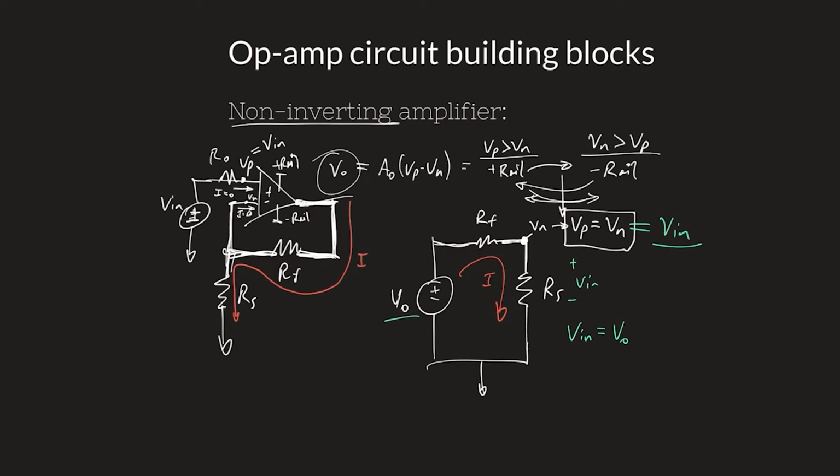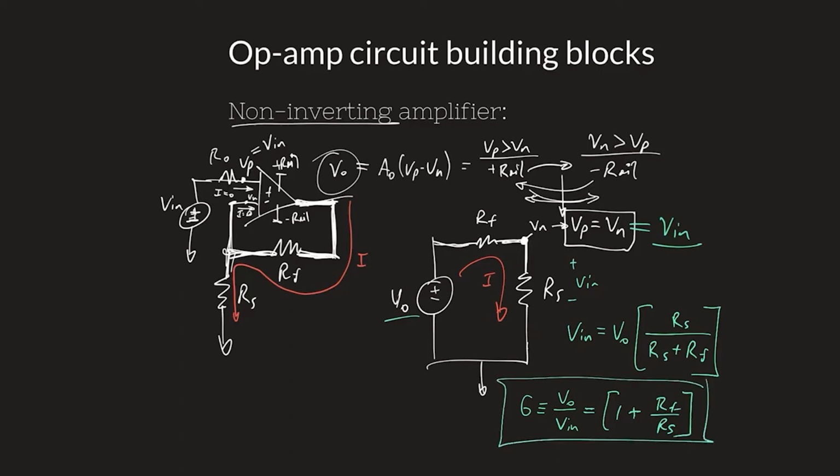That's the voltage that is being divided across both resistors. And then the divider equation is across RS and the total resistance in the branch. So now if I want to get my gain term, my gain defined as Vout over Vin, if I rewrite this in brackets, it's essentially the inverse of that in brackets. That's my gain term for the non-inverting amplifier.